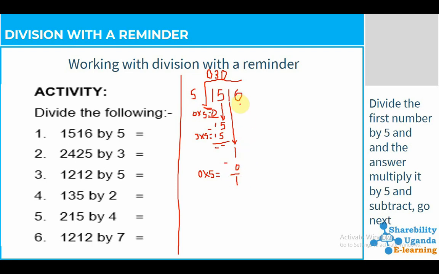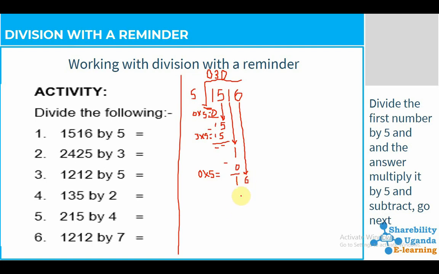Then here we also still have our 1. But we still need to divide this 1. Because we still have our 6 here, we shall bring it down here. So this 6 is going to be here.